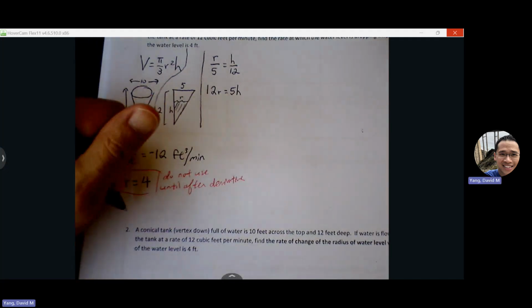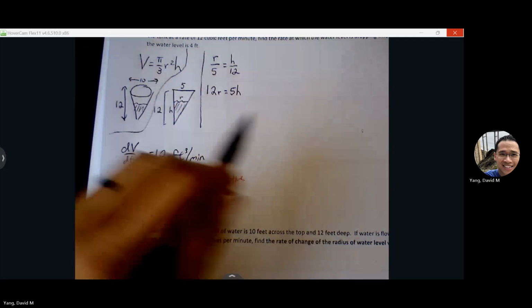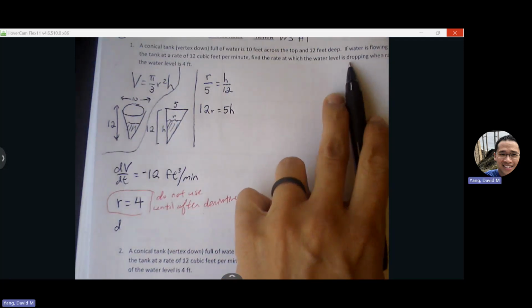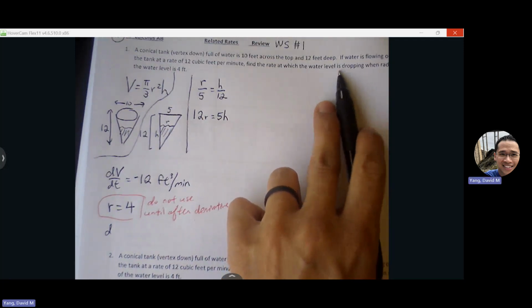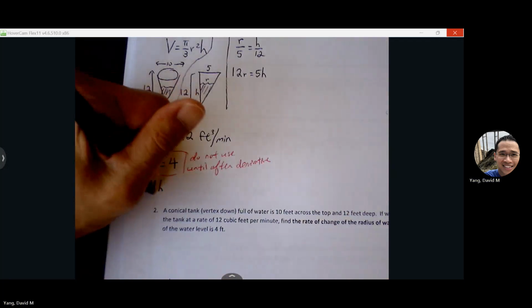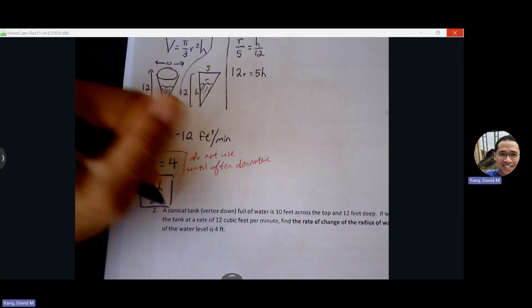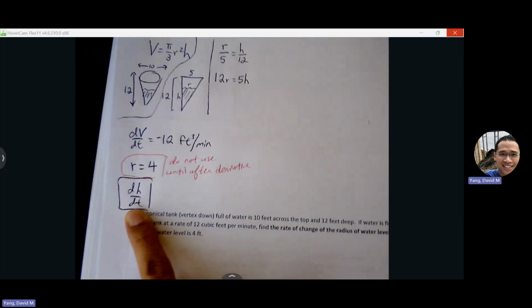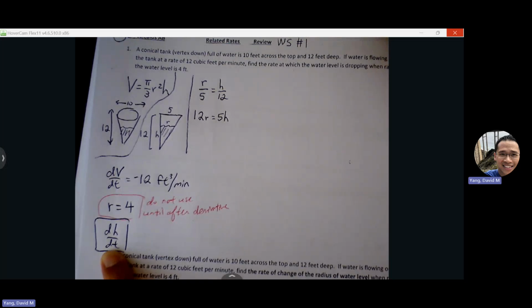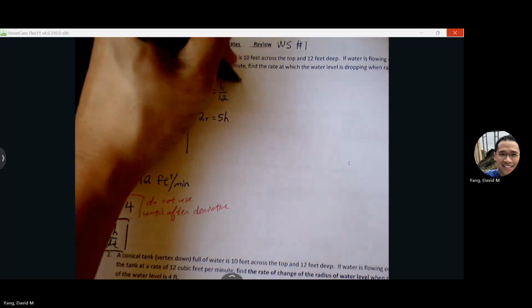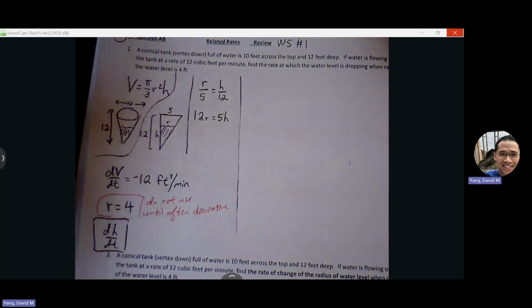What variable are we trying to solve for? Yeah, dropping. So water level dropping, that's talking about the dH dt. So this is the hint that we want to use here. This is going to help guide our volume equation. We want H, which means we would like the R to be replaced.